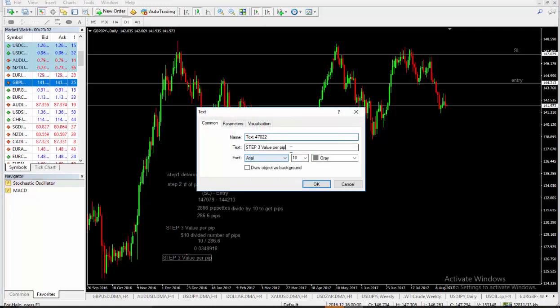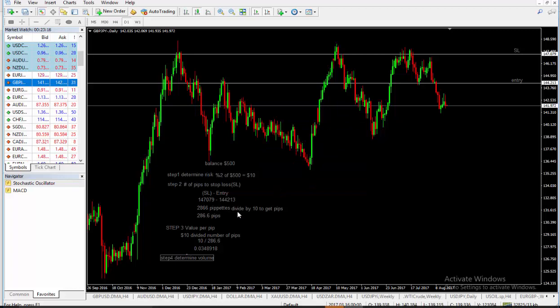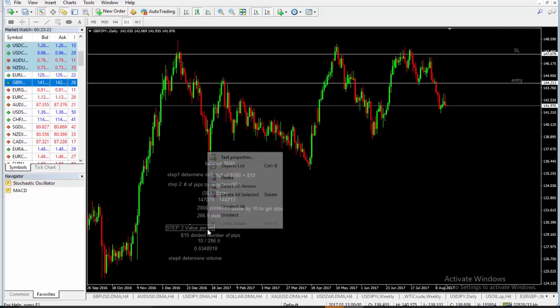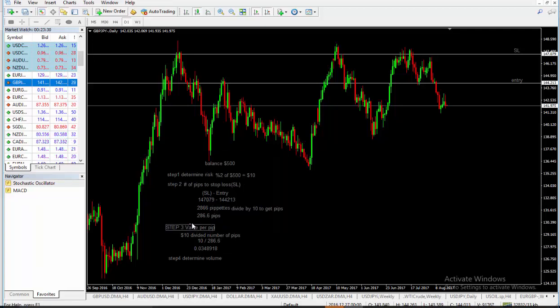Step 4, which is, now to determine the volume is very simple. Just have to take the value per pip. Our step 4 is going to be very simple.